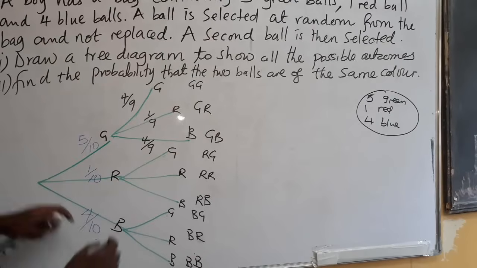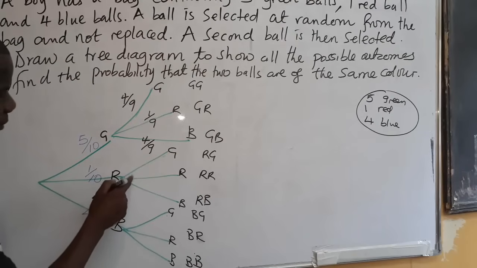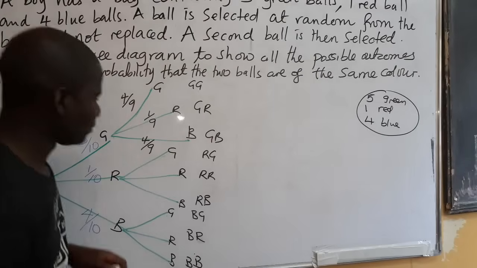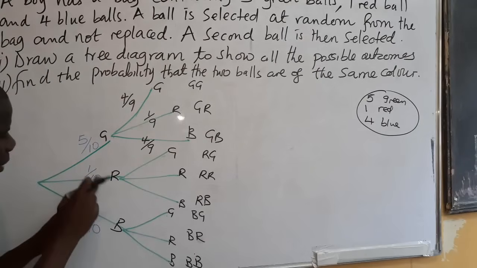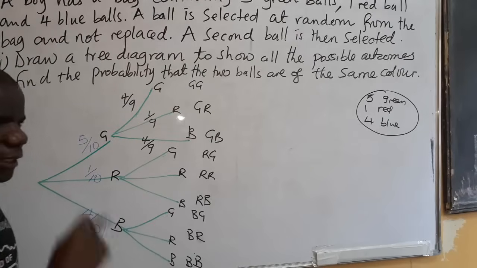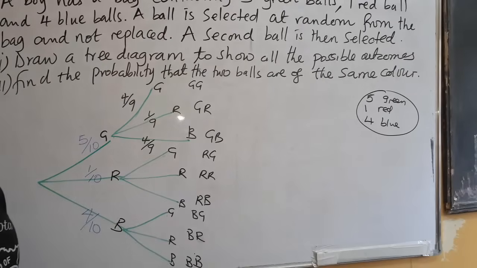Then when we come to the second one, if the first one that was picked is red, what is the probability that the second one is also going to be red?